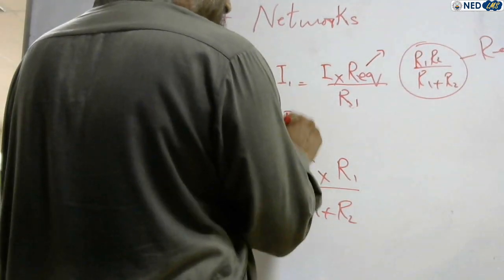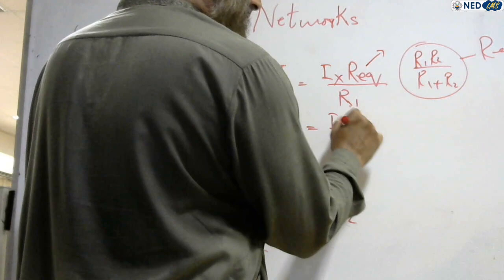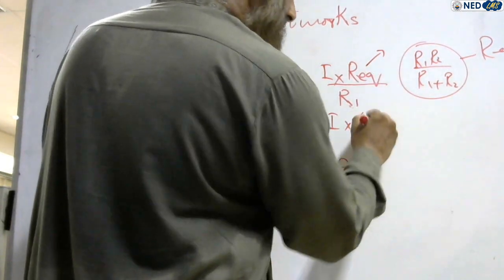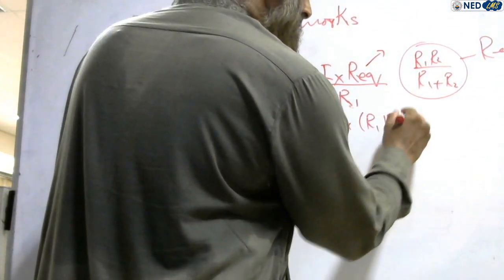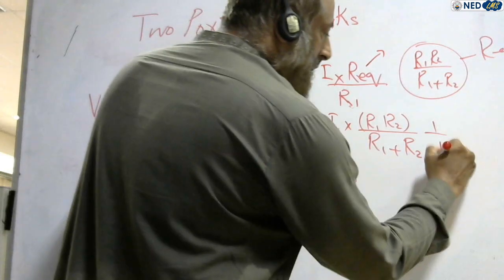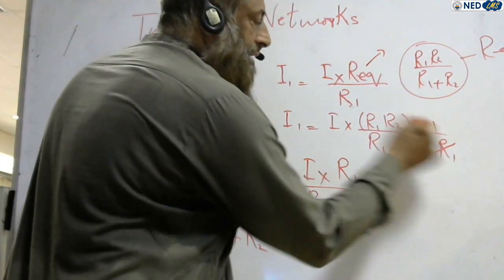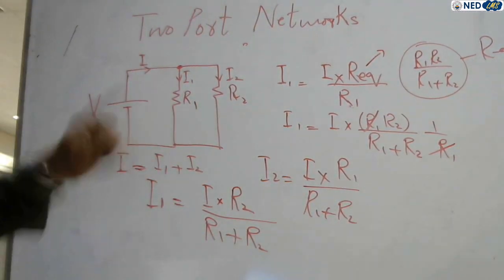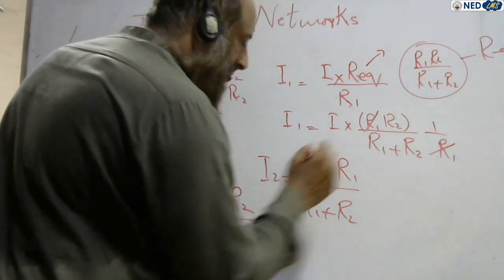So when we want to calculate I1, we take total current I multiplied by the equivalent, divided by R1. R1 cancels with R1. What is I1?